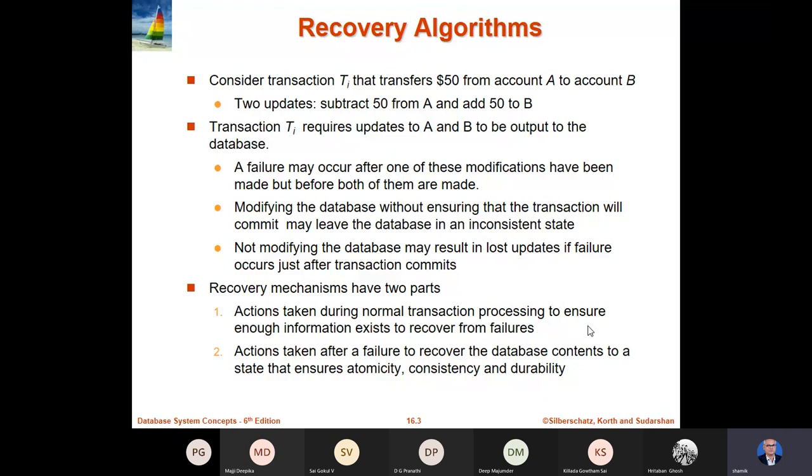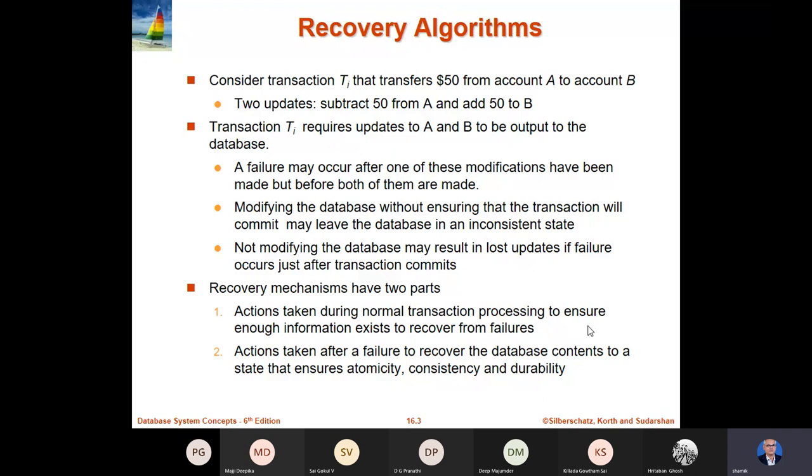Just understand that what we are talking about is going to happen even if there is no concurrent execution of transactions. Even if there is a serial execution of transactions, these problems are still something we have to keep in mind.